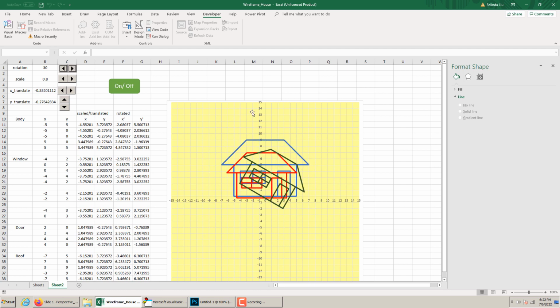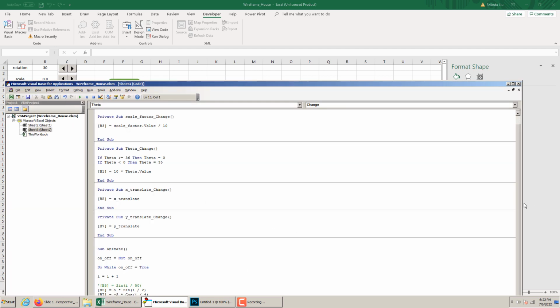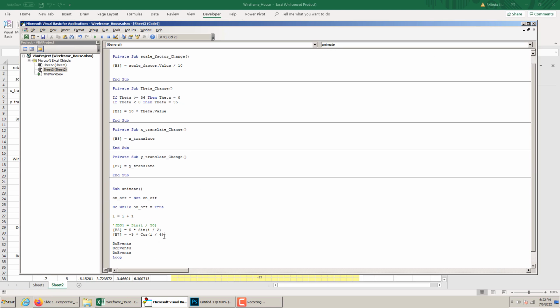We can go in the macro itself, and here Sheet 2 and B1, B1 is equal to, let's copy one of these, Control C. I would like to rotate it, sine goes between -1 and 1, so let's rotate this by 180.